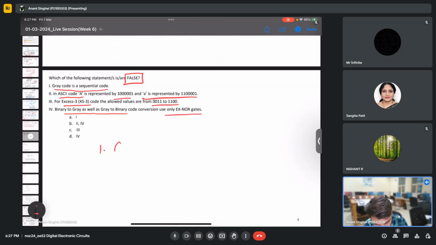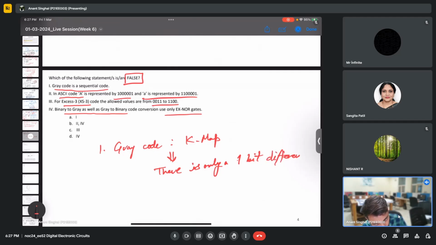So the first statement is gray code. As you already maybe read in K maps also, gray code is a sequential code, that is there is only a 1 bit difference in each consecutive digit, that makes the gray code sequential. We have already studied in the K maps also that the K map we made on the basis of gray code.